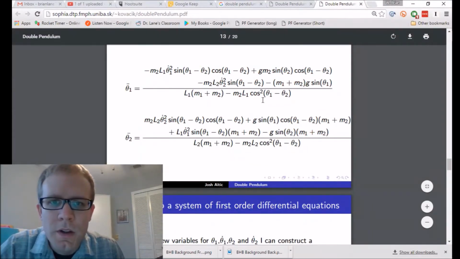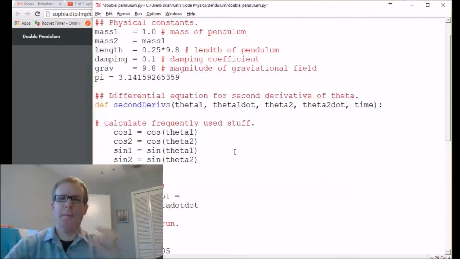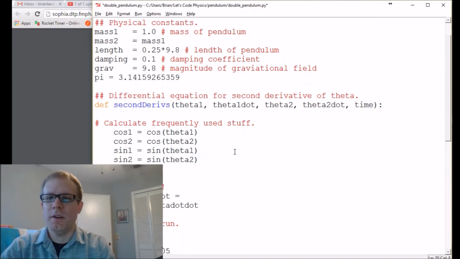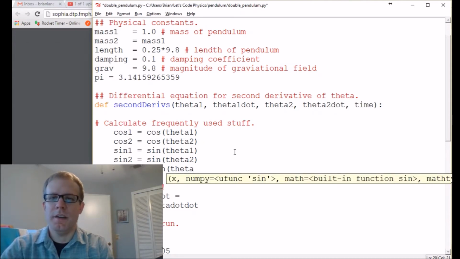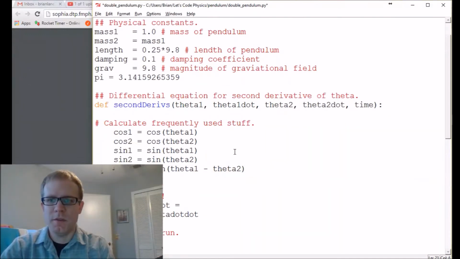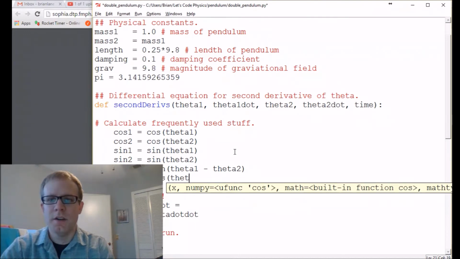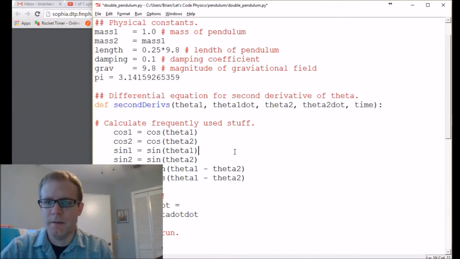Good. All right. So we'll have sine 1 2 equals sine of theta 1 minus theta 2. Because if it were ever flipped, we could just use the even and odd properties of sine and cosine to rewrite them in terms of what we already have. It would just cost us a minus sign.